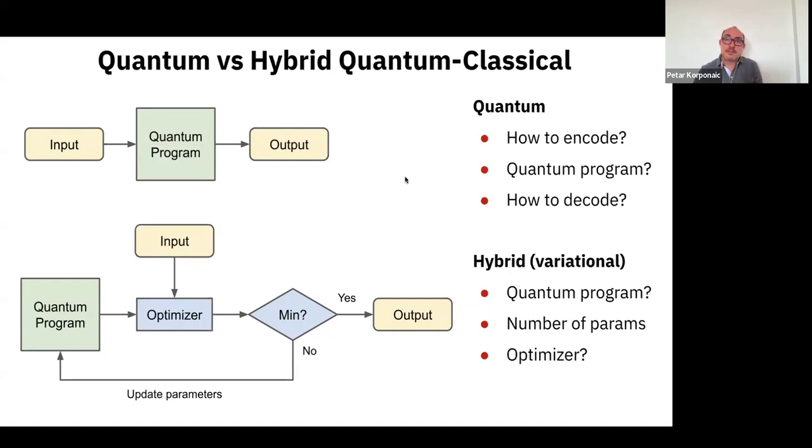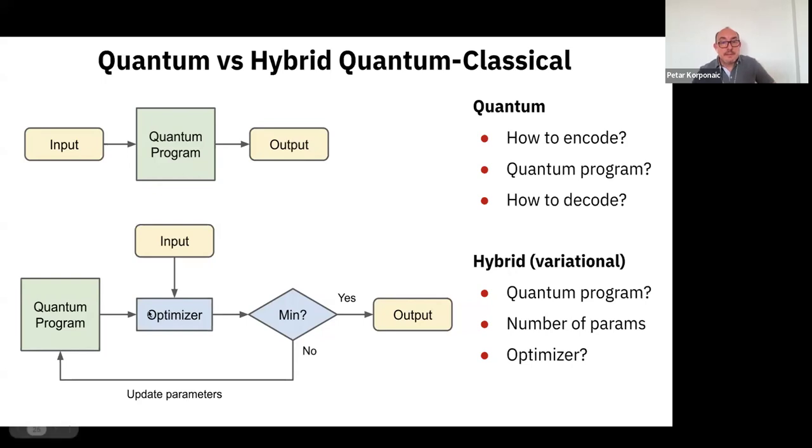But there is also another approach, which is hybrid quantum classical, or so-called variational algorithms, where the classical and quantum computers work together in a loop, and the quantum program is used to perform part of the computation. In the classical computer, we have a classical optimizer, like in machine learning applications.